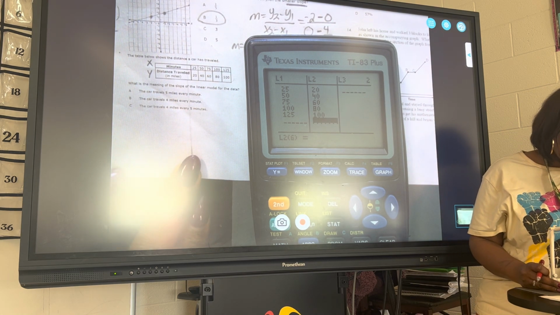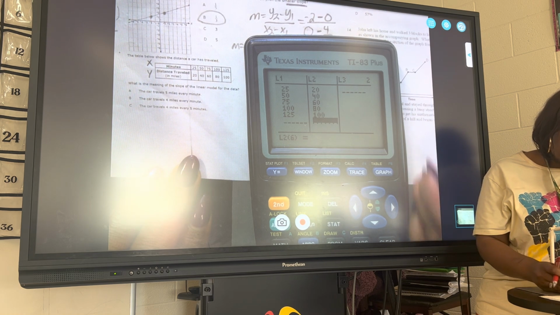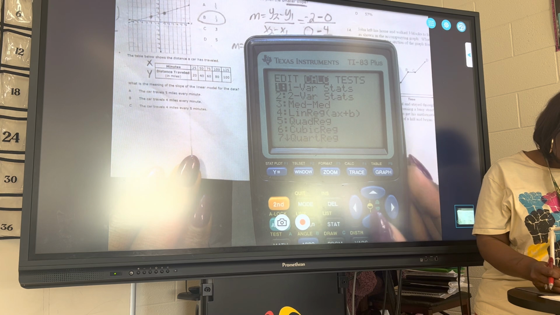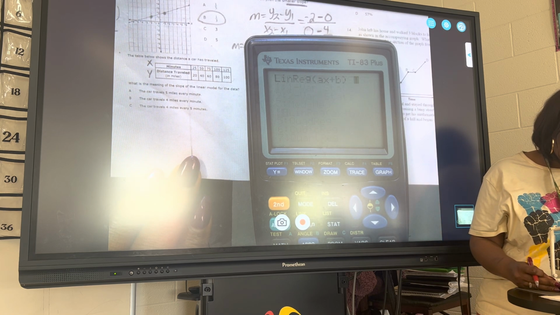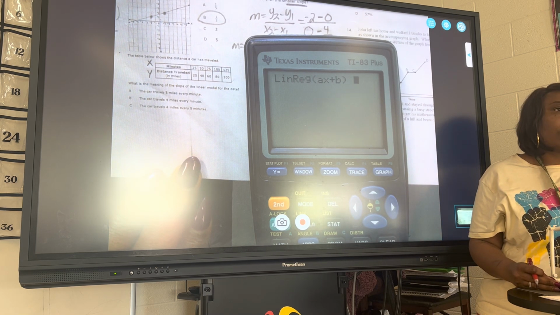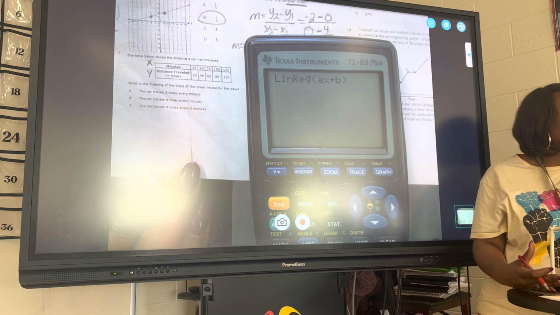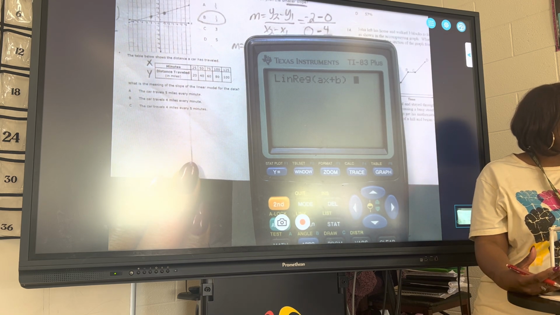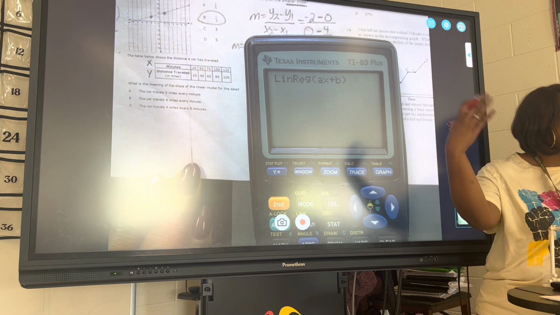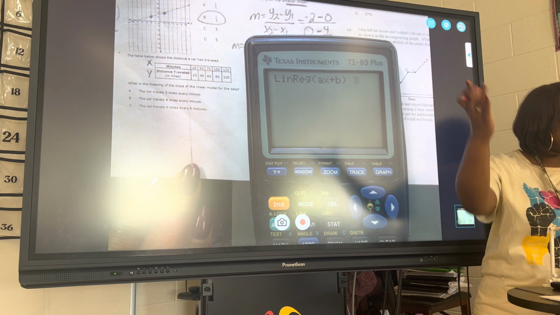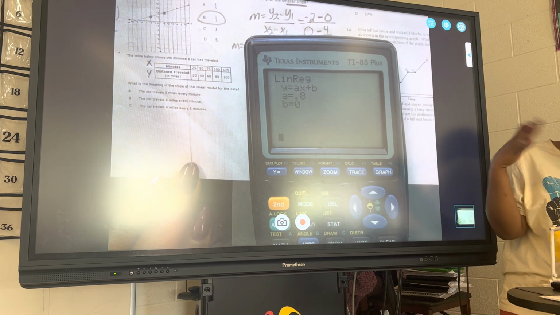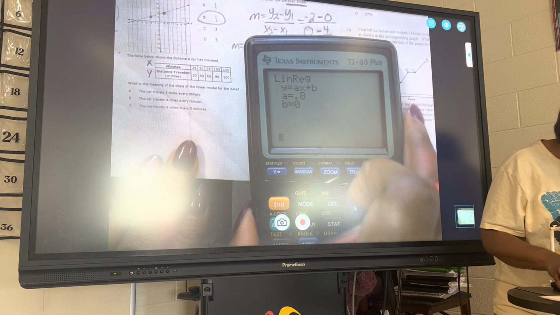And then what do you go after that to do linear regression? Stat, calc, reg. Okay, and then just press enter, because you don't have to graph them. If I was graphing, or if I wanted to look at some table values, I'd have to do L1 comma L2 comma bars. Remember that? But I'm going to press enter because all I want is the equation.